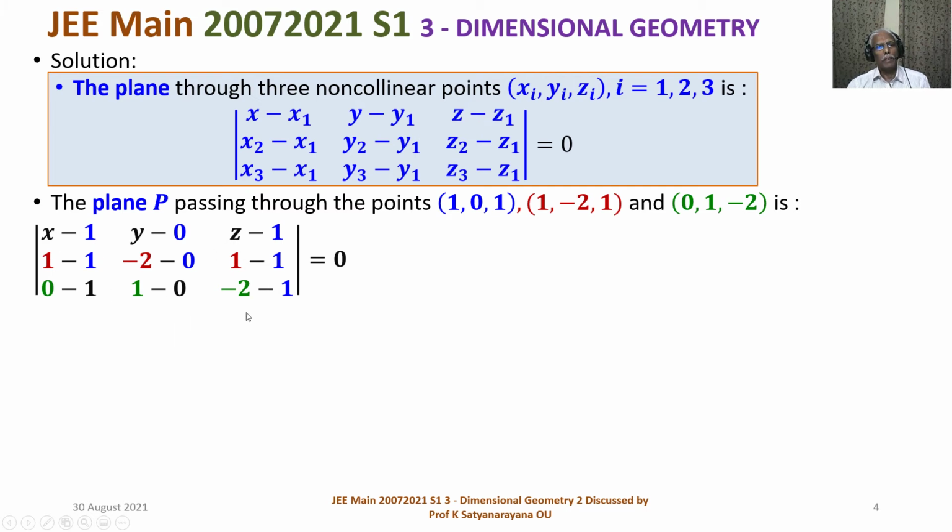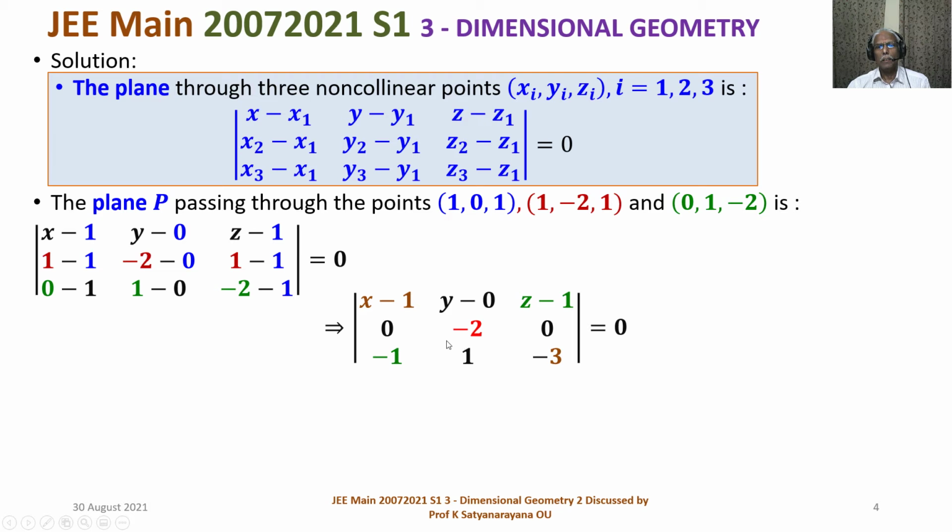Then this implies x minus 1, y minus 0, that is y only, z minus 1; 0, -2, 0; -1, 1, -3. This is the equation.